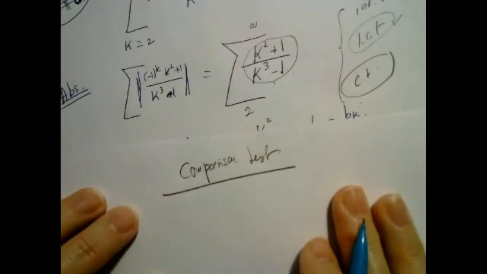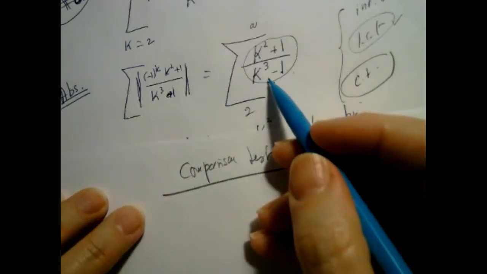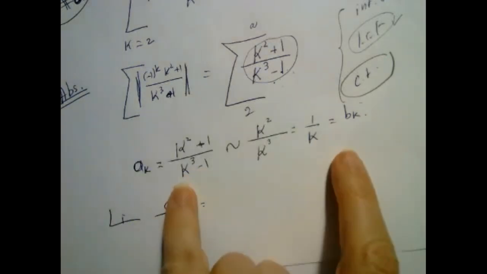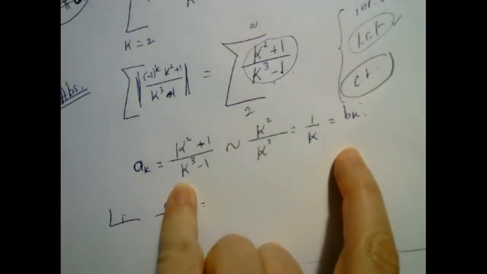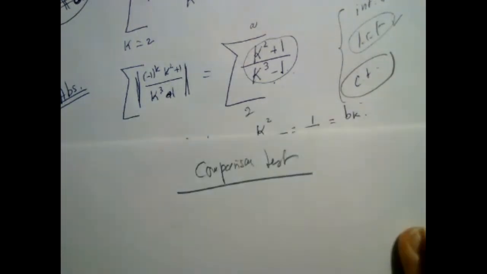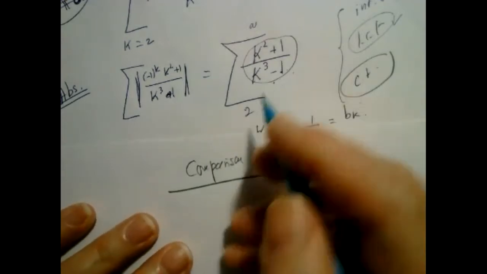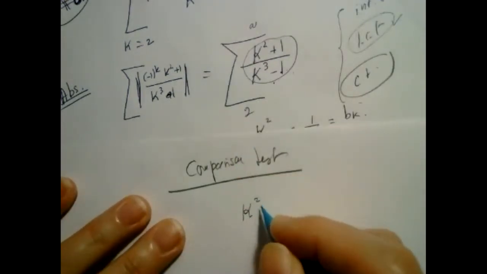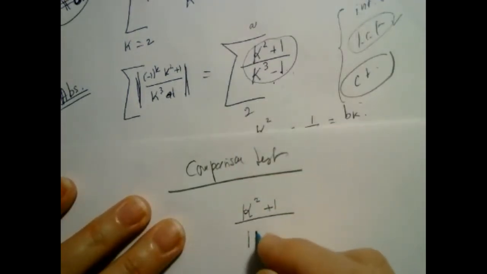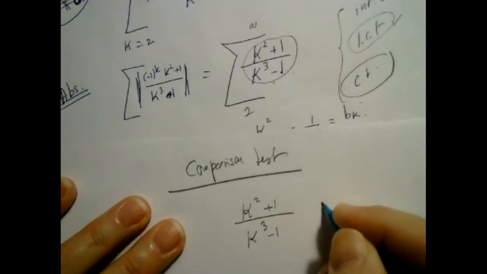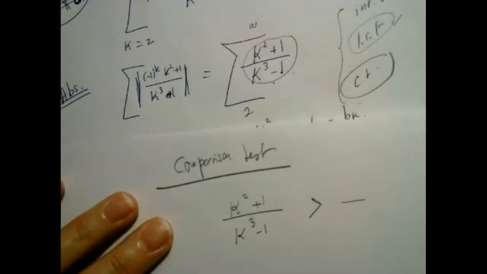We can probably use the comparison test, but this is going to diverge, so I want this to be larger than something that diverges.